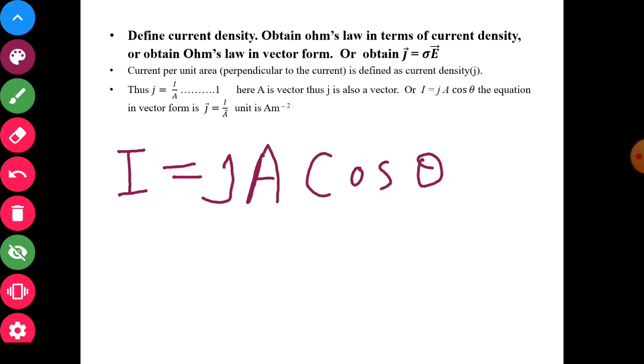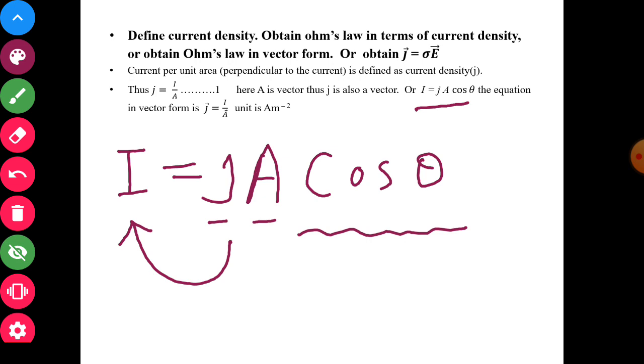The product of two vector quantities results in a scalar quantity, so it must be a dot product, I is equal to J A cos theta. That is why it is written as I is equal to J A cos theta.